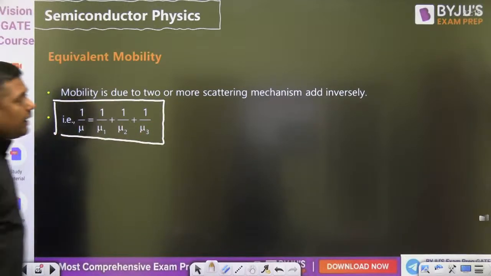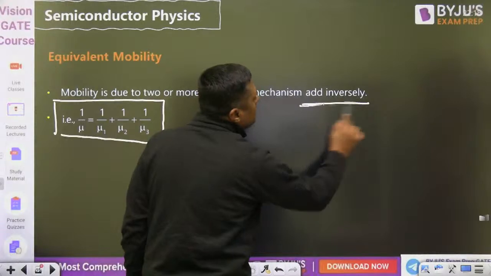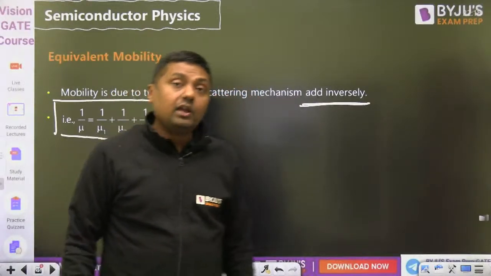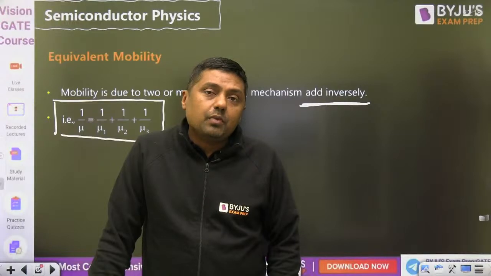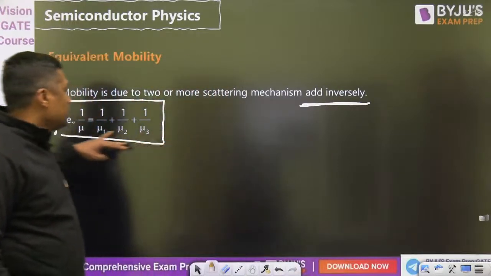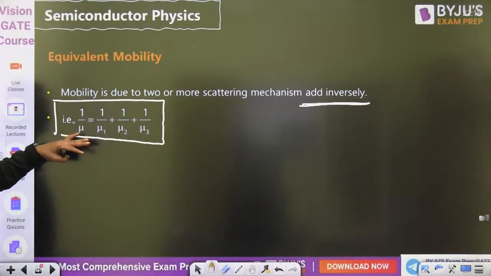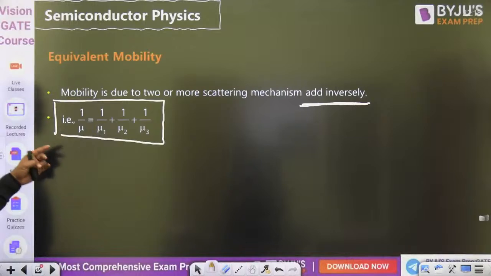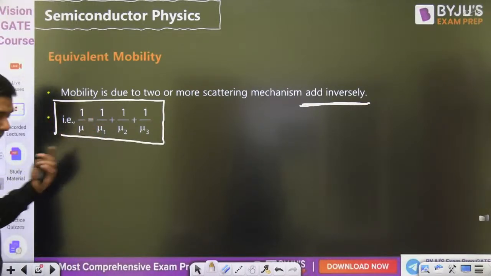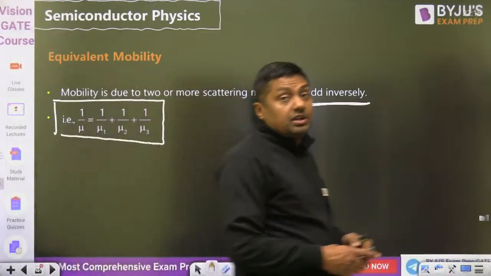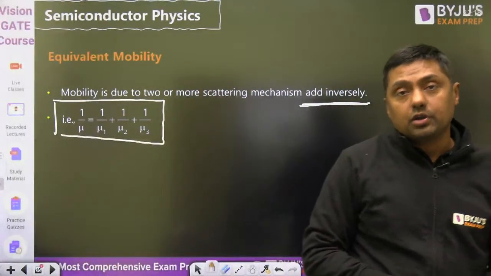That is called adding inversely. We will get the resultant mu, which is less than the minimum of mu1, mu2 and mu3, that is, even smaller than the smallest of these. This was a 1 mark question in GATE 2024, guys.